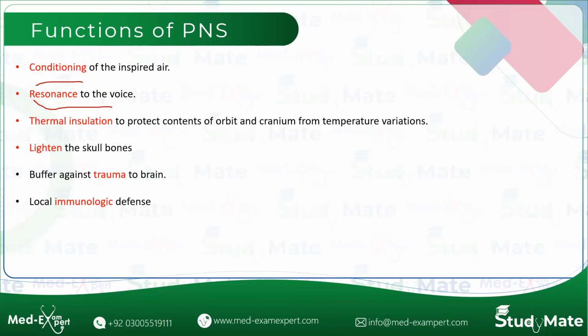So the third point is that they provide thermal insulation to the important contents of the orbit and cranium from temperature variation. As air is a bad conductor of heat as compared to solids, so paranasal sinuses provide thermal insulation to the contents of the orbit and the brain.